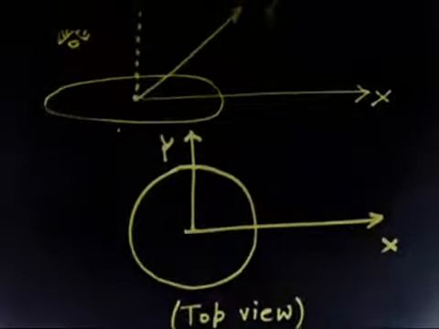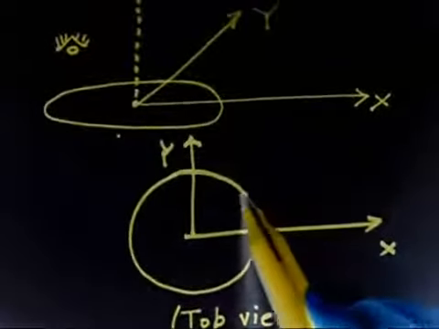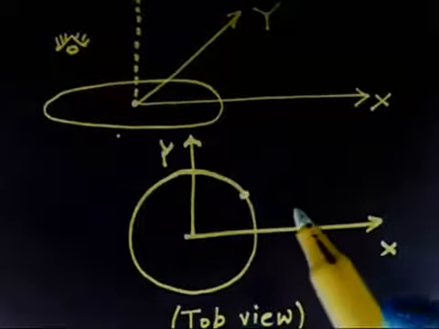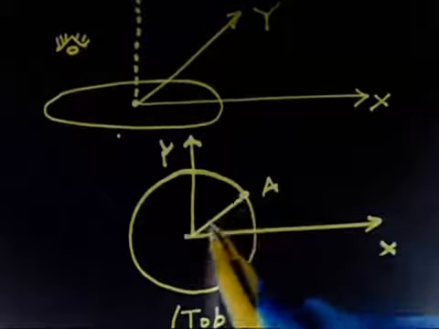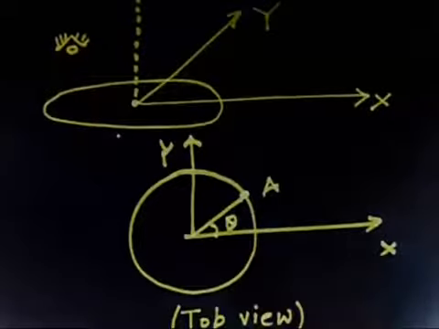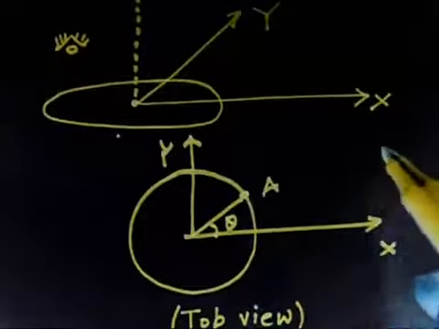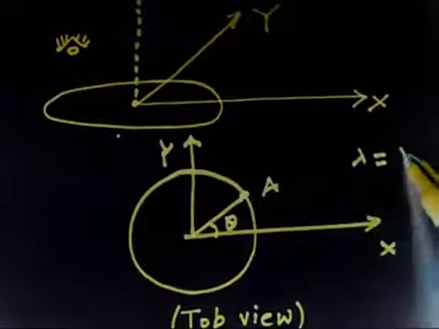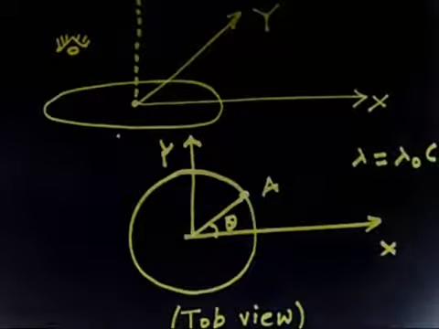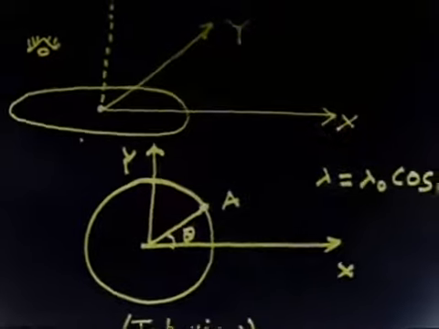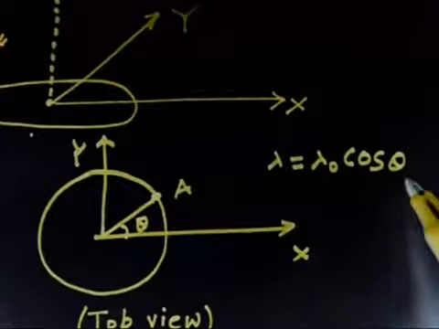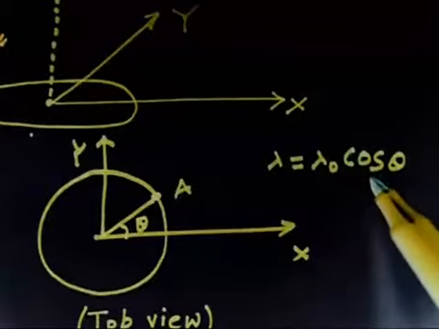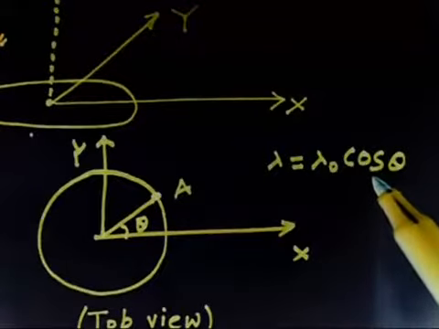Let us consider any point here on the ring, and call this point A, which makes an angle theta. The charge density at point A will be lambda naught cos theta. You see, when theta is 0 to 90, the sign of lambda is positive. When theta is 90 to 180, the sign is negative.